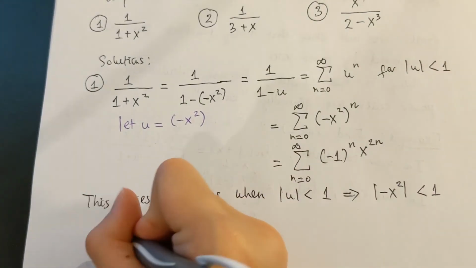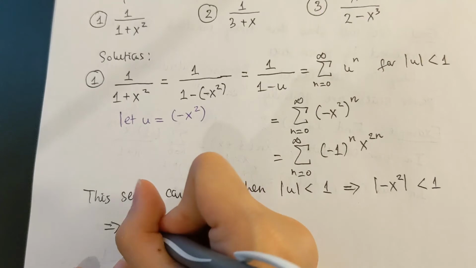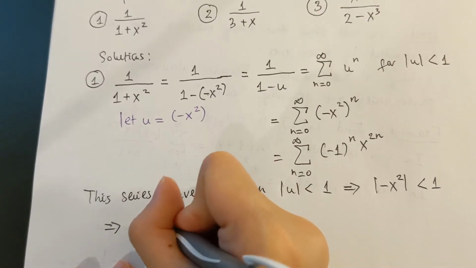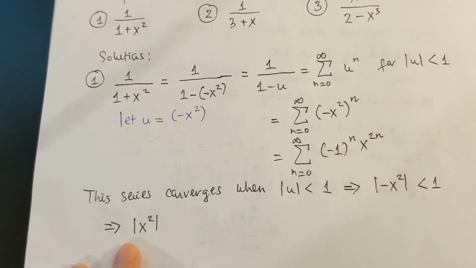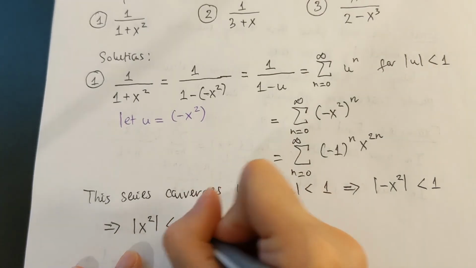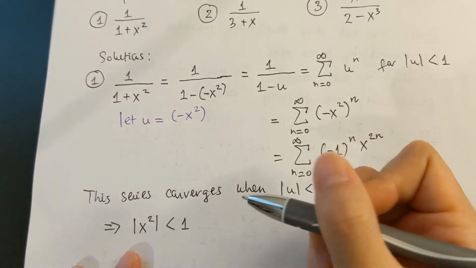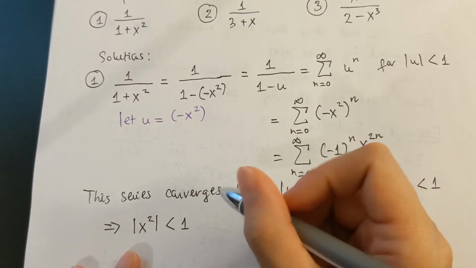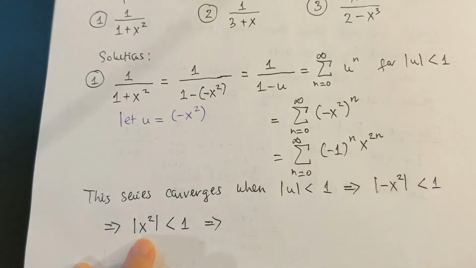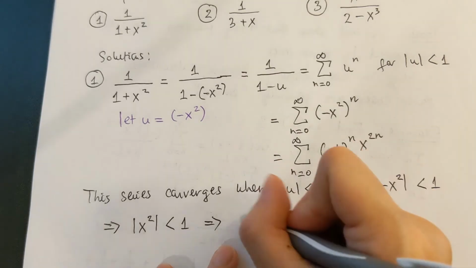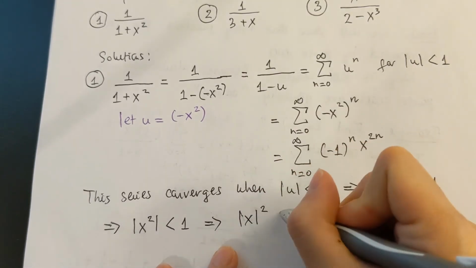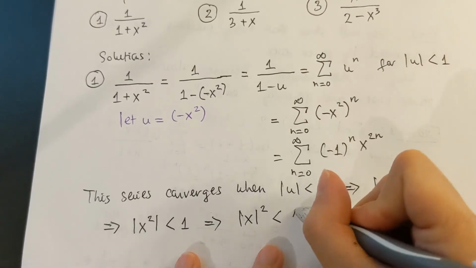So this is the same thing as absolute value of x squared less than 1. x squared is positive, so you can bring the square out: absolute value of x, squared, less than 1.